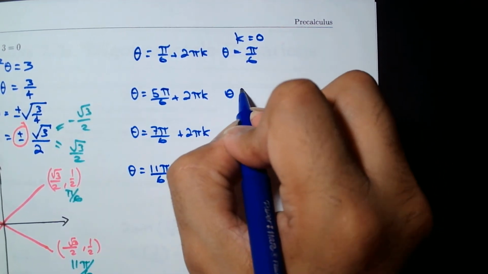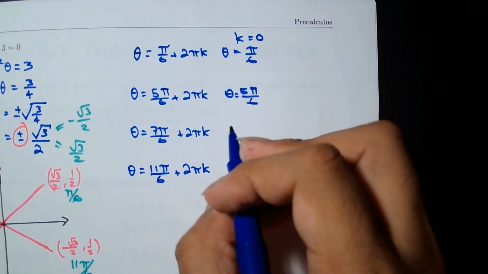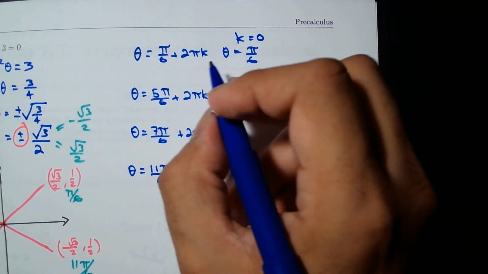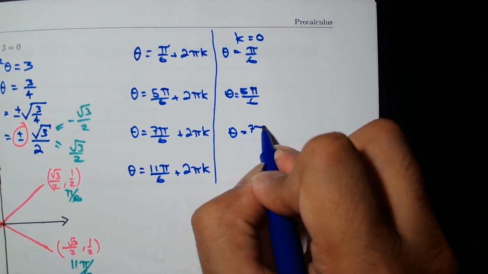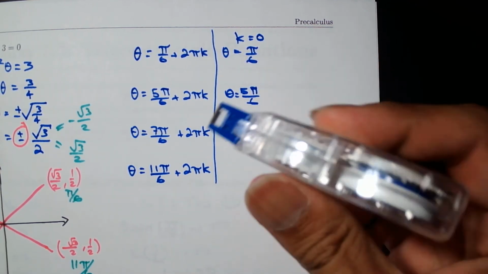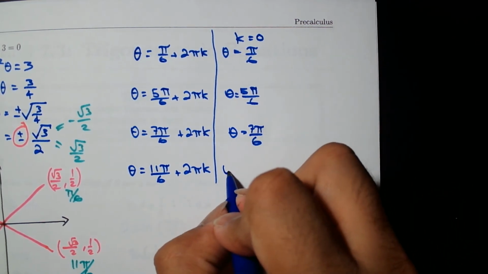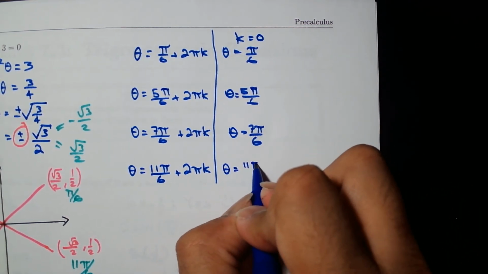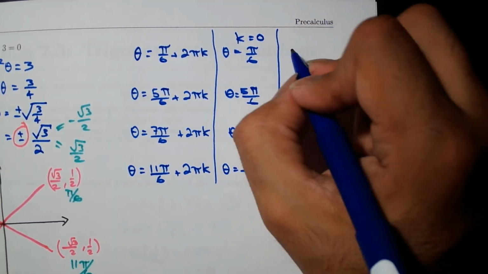Same here, 5 pi over 6, and then 7 pi over 6, and 11 pi over 6.